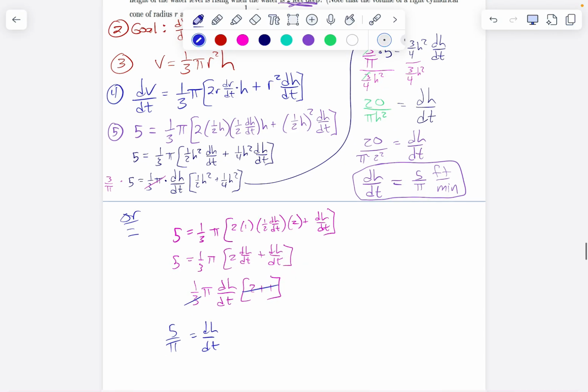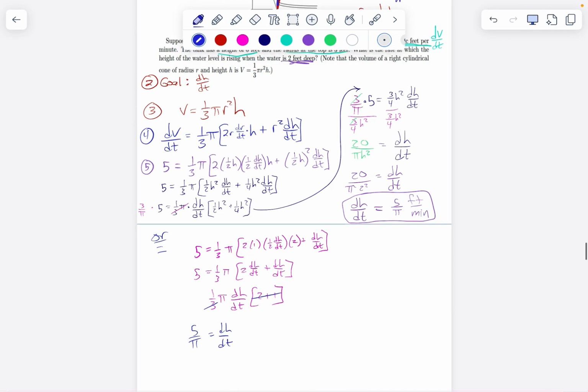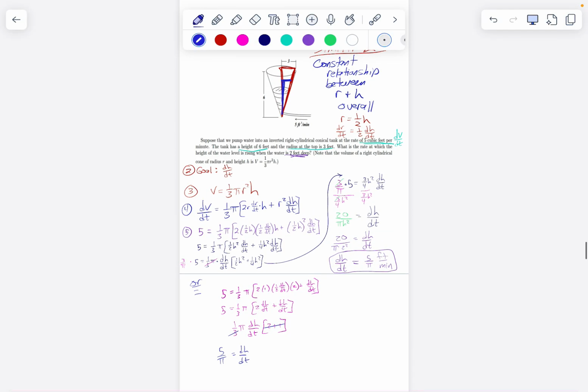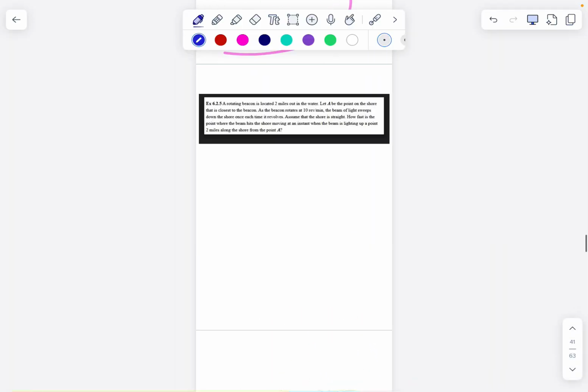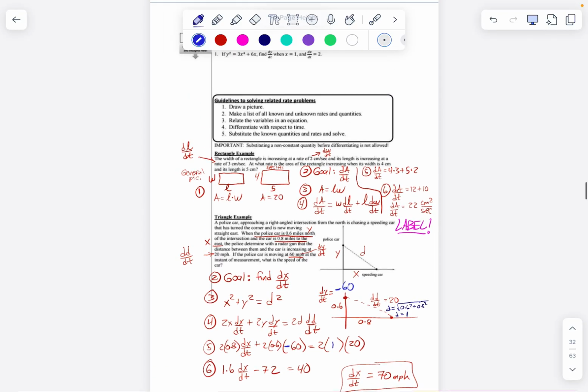Okay, so the moral of that story is, maybe it's easier for you if you plug in as soon as you can. Then you miss out on all that other good stuff. All right. Since we're talking about a time test, plug in. Now, I will tell you, and I don't know where you want to write this, but this is what I want you to write someplace. Don't plug in before you do your derivative. Maybe up here.